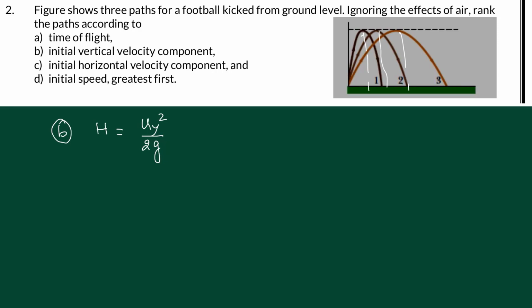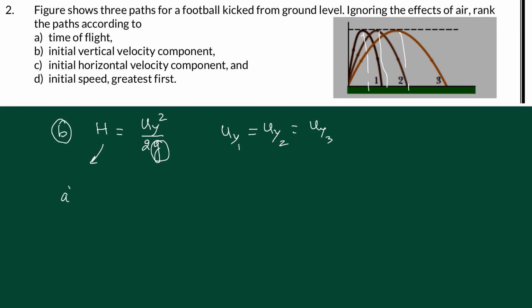That is, don't say maximum height is u square sin square theta by 2g. As for all three paths, h is the same as well as g is the same, so what you expect? uy1 must be equal to uy2 is equal to uy3. So the initial vertical component of velocity is equal.